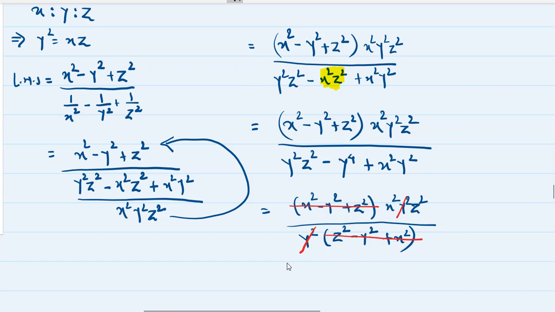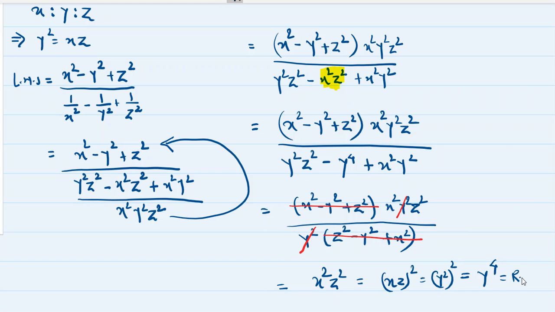So what will we be left with? We'll be left with x square z square, which is nothing but xz the whole raised to 2, which is y square the square, which is y raised to 4, which is equal to your RHS. Understood? Yes, sir. Okay.